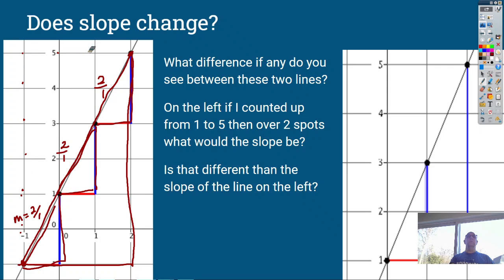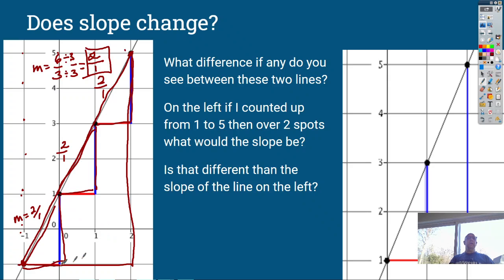I go over 1, 2, 3. So that has a slope of 6 over 3. And you're thinking, well, that's not 2 over 1, Mr. Murphy. But if I reduce by dividing by 3 over 3, then I end up with 6 divided by 3 is 2. 3 divided by 3 is 1. I end up with the same slope.